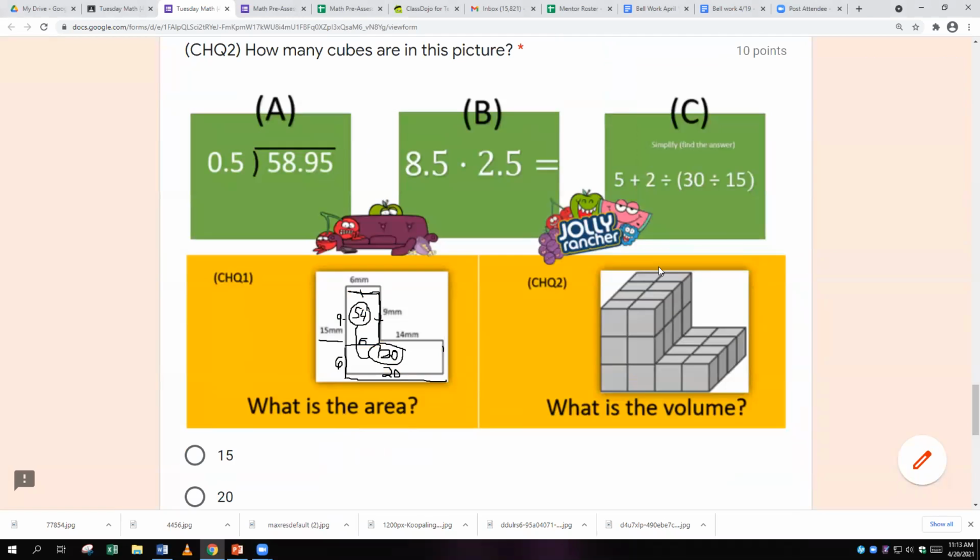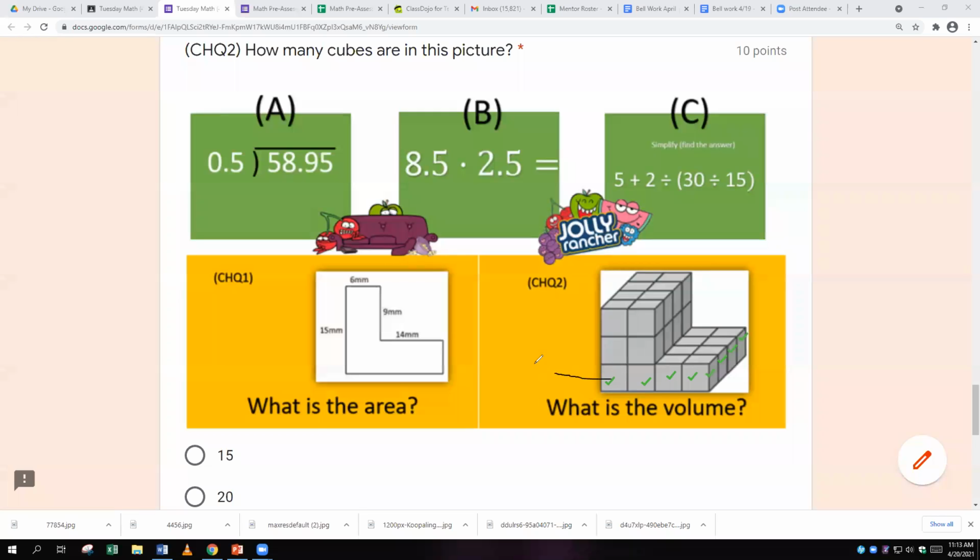And then the last one already we're on. Now I am assuming a couple of people had a little bit of difficulty with this one. So let's see here. So there's 1, 2, 3, 4. There's 4, and there's 1, 2, 3, 4. So 4 by 4 is 16.